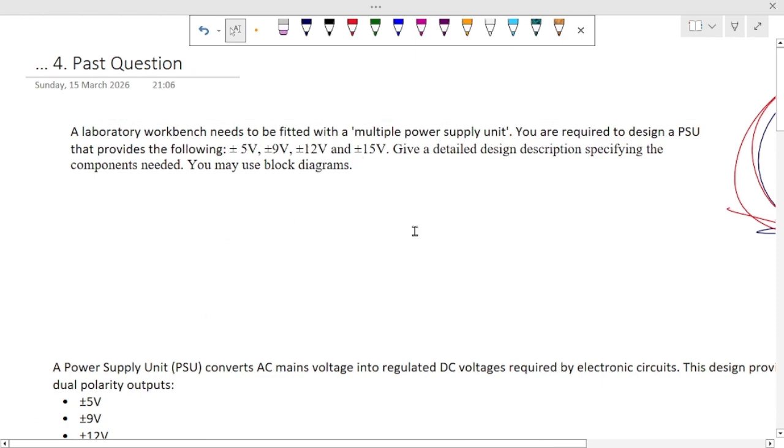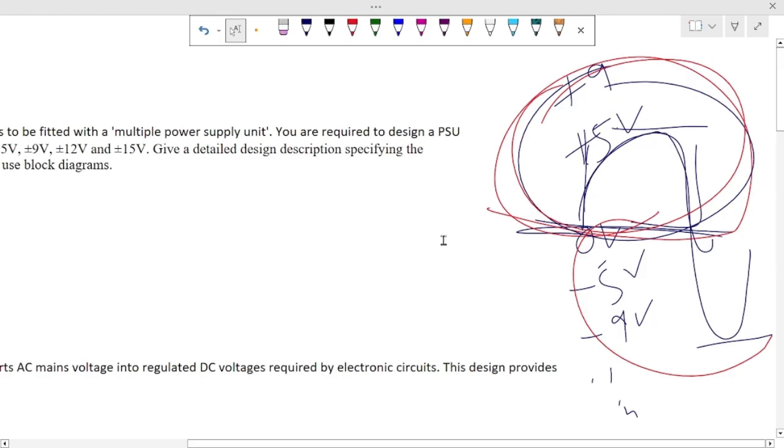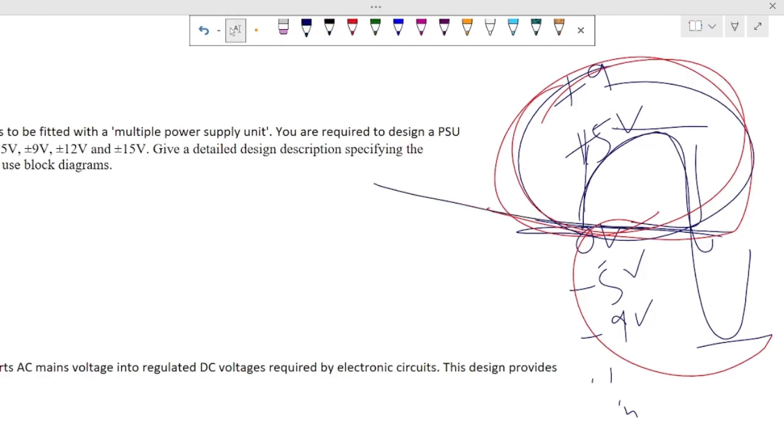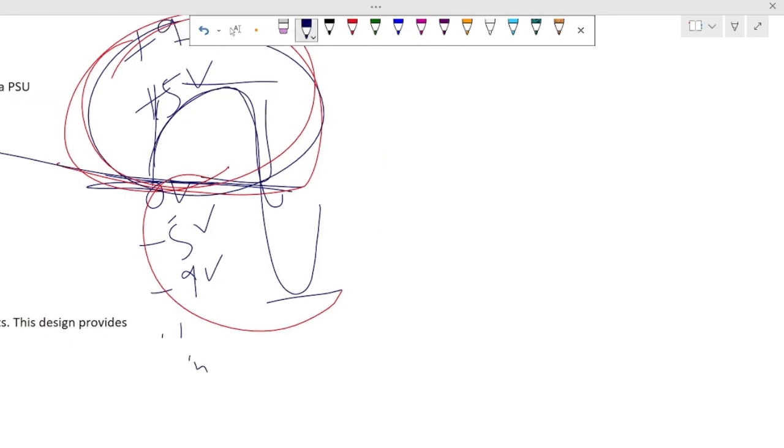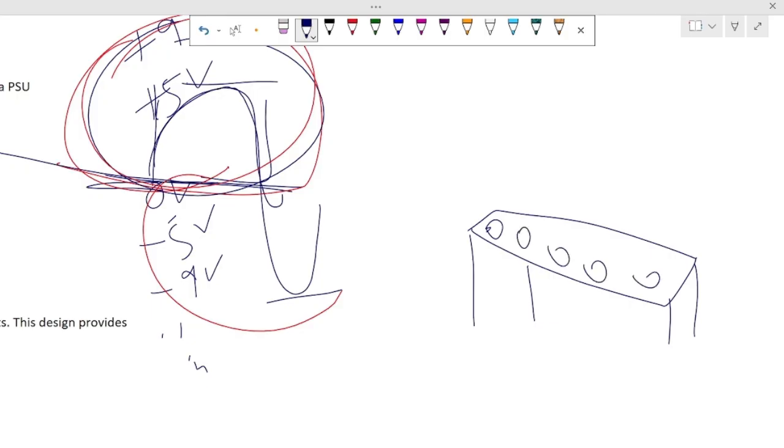Okay, the idea is that inside the lab, let's say you have something like a bench. On the workbench, you have different sockets, and to each of these sockets you can connect things.